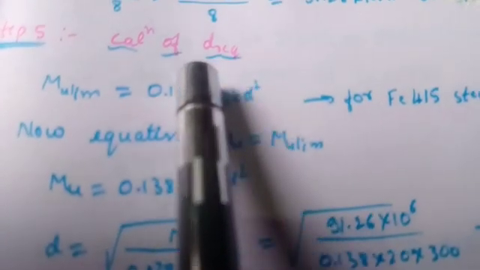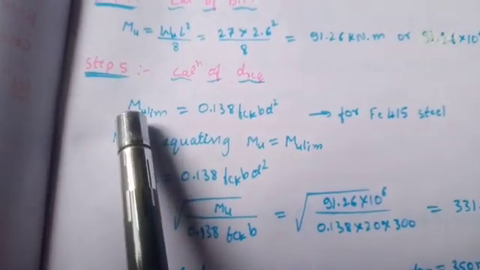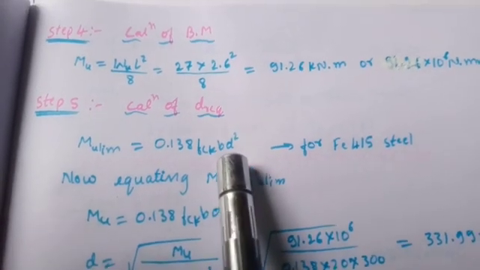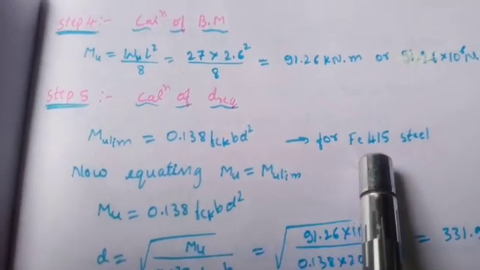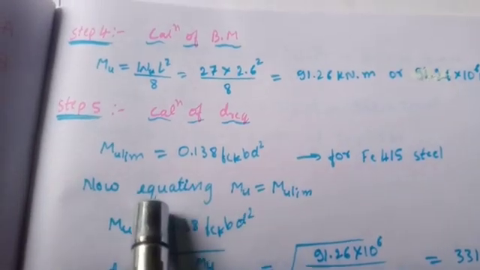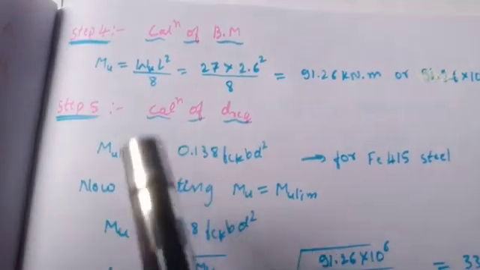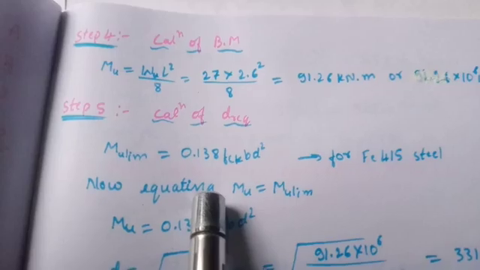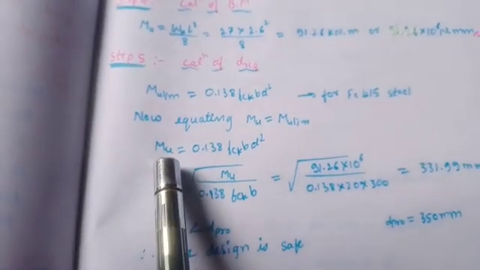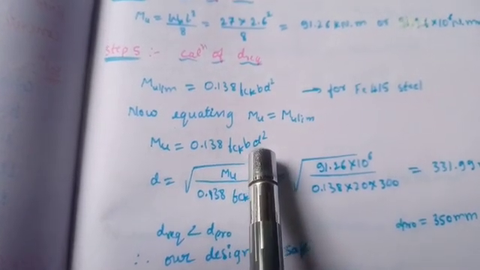For the calculation of the D required, we have the formula MU limit is equal to 0.138 FCK BD square. For steel 415 we have this formula. Now equate both formulas, MU limit and MU. By equating these two, we will calculate the D required. So our MU is equal to 0.138 FCK B into D square.